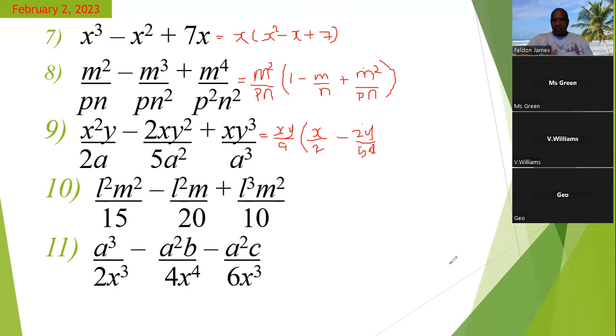And plus. All right. So then, x cancel out x, and y cancel out y, cancel out y cube, so that will leave y squared. y squared over, and the denominator, a squared.